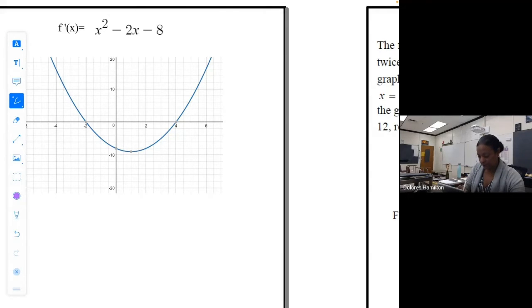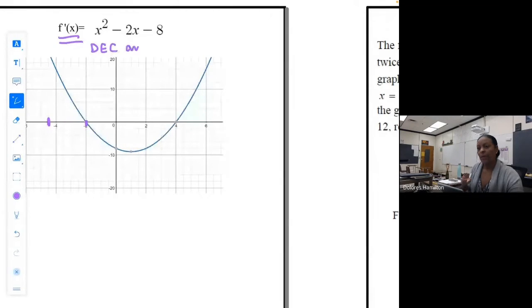Over this interval, from, let's at least say -5 to -2, my derivative graph is decreasing and positive. What do you think that tells me about f? My derivative is decreasing and positive.